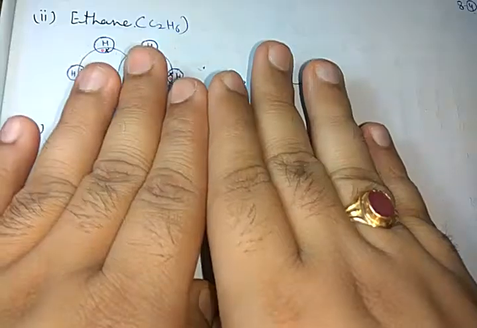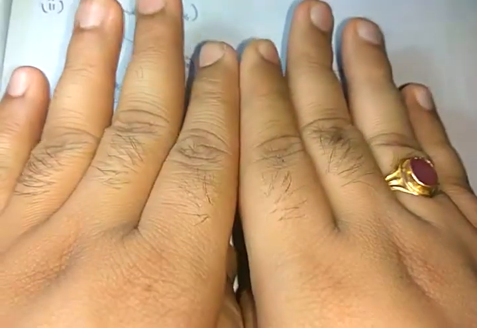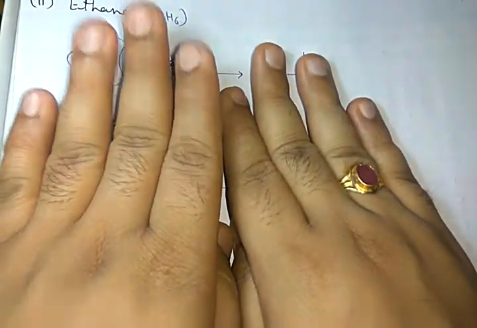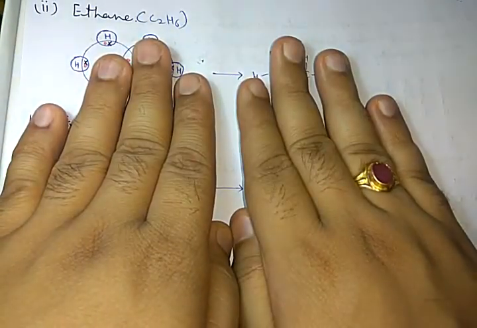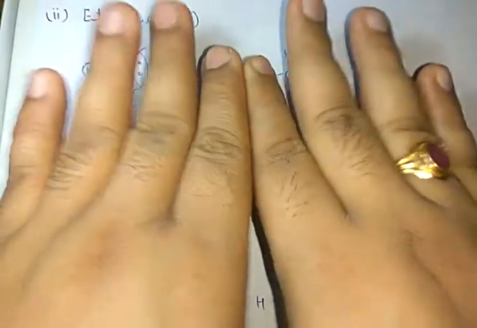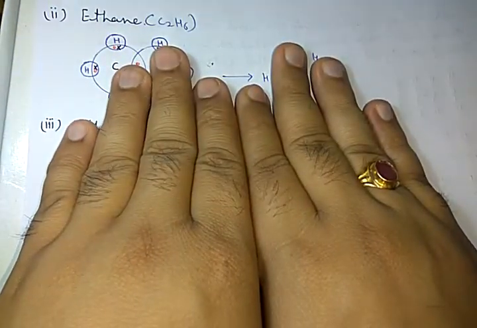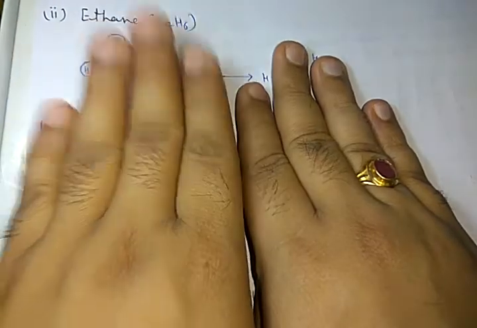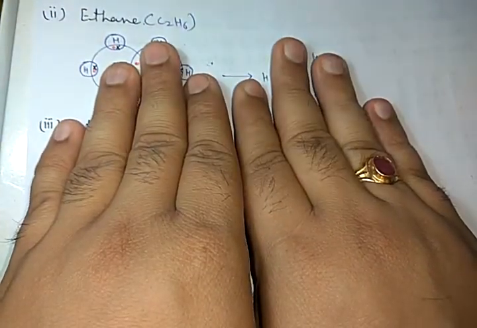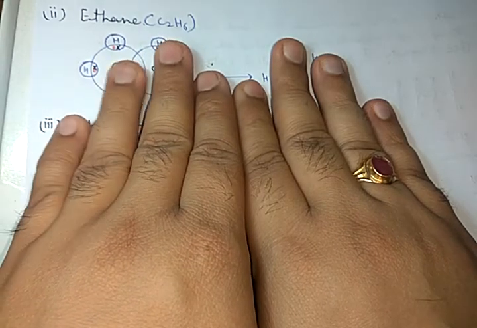There are 2 carbon atoms, and valency of each carbon atom is 4. So we have to satisfy the 8 valencies, 4 of that carbon and 4 of that carbon. We have only 6 hydrogens.